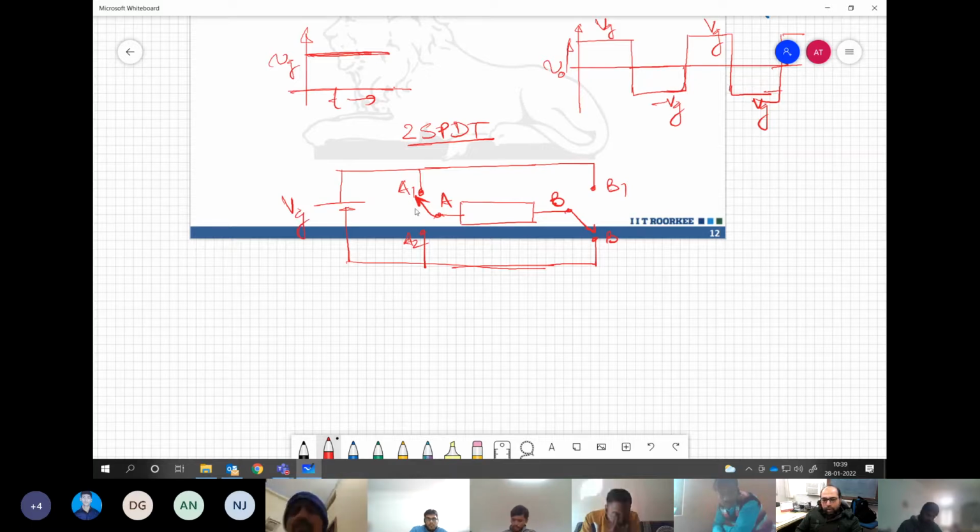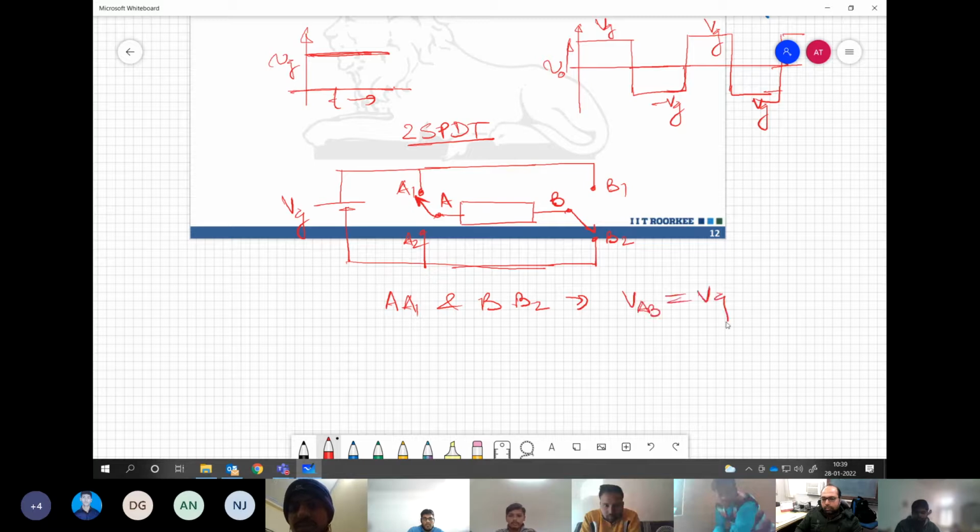Now you have created the option that if you connect A and A1 and B and B2, what will be the output? So VAB I can write as VG. If you connect A to A2 and B to B1, what will be the output?